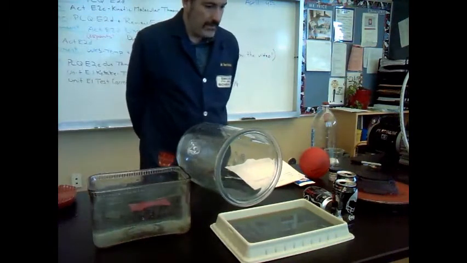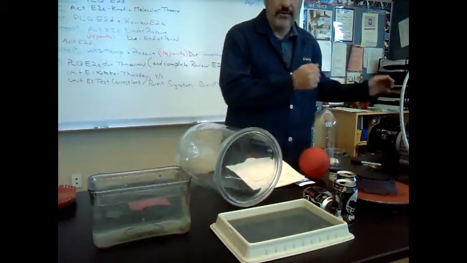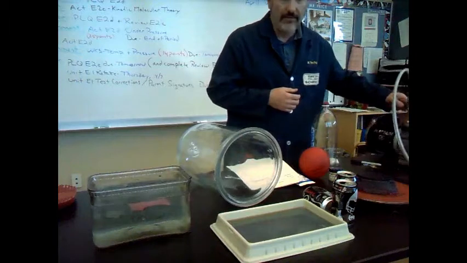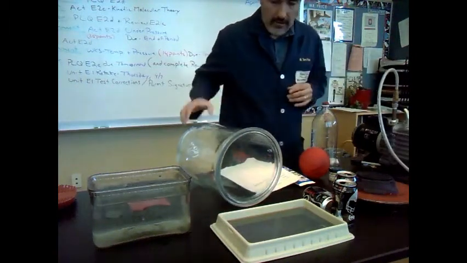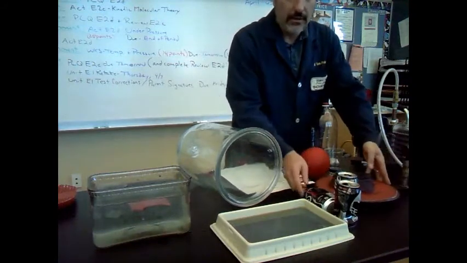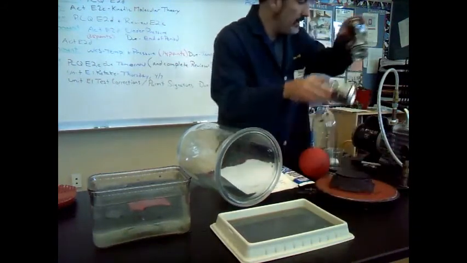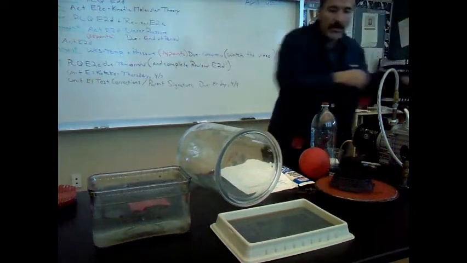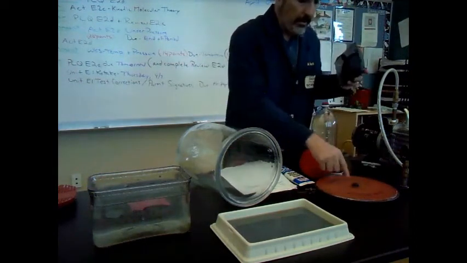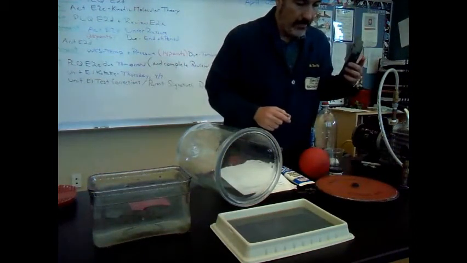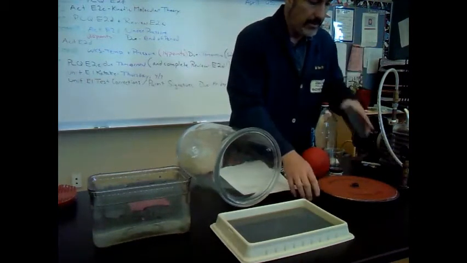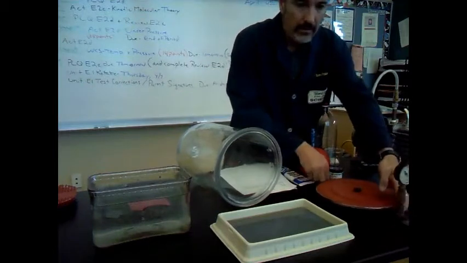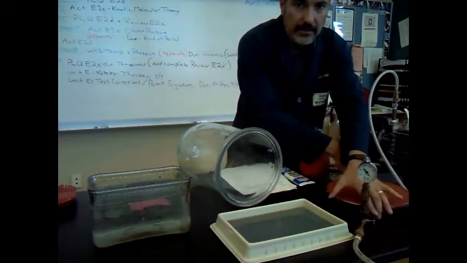Now the next two demonstrations involve this. This is a vacuum pump. It's attached via hose all the way to this right here, which is a stage for the bottom of a bell jar. There is a valve in the front that you can now see.